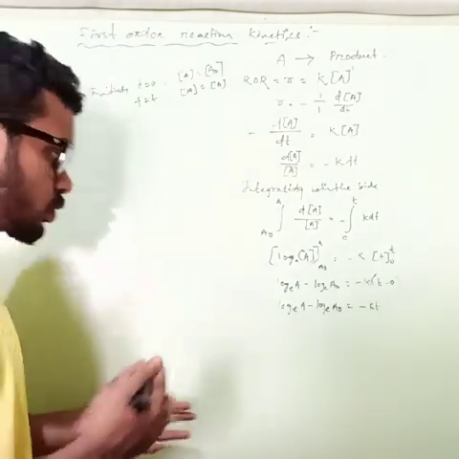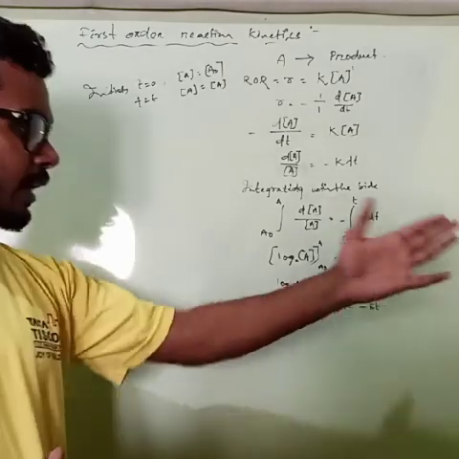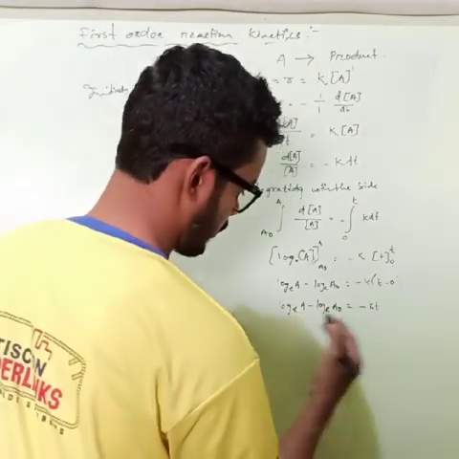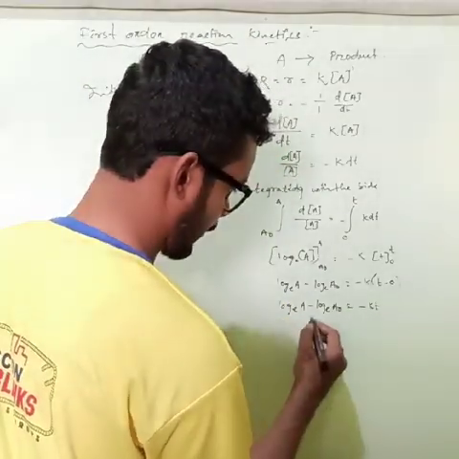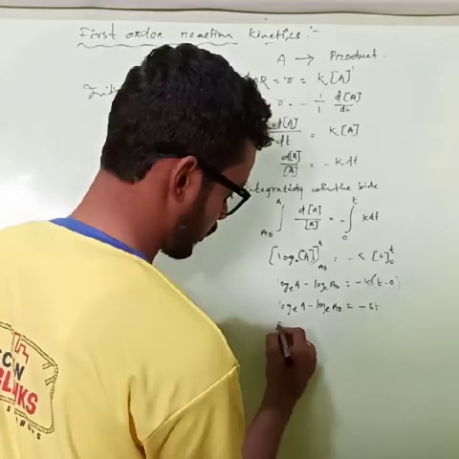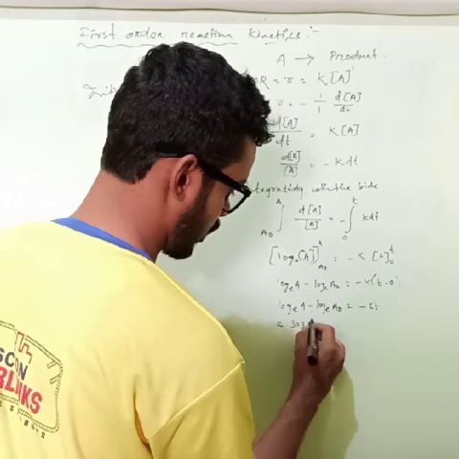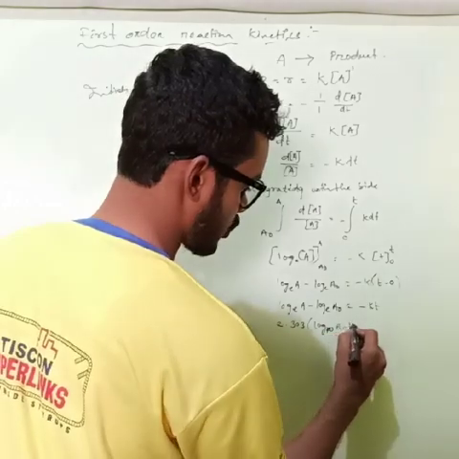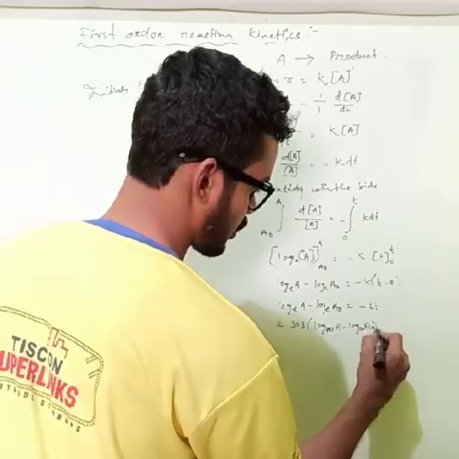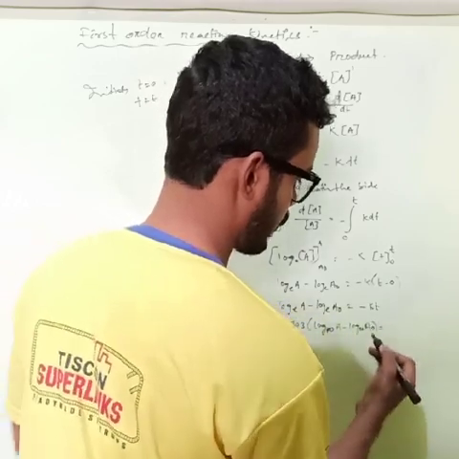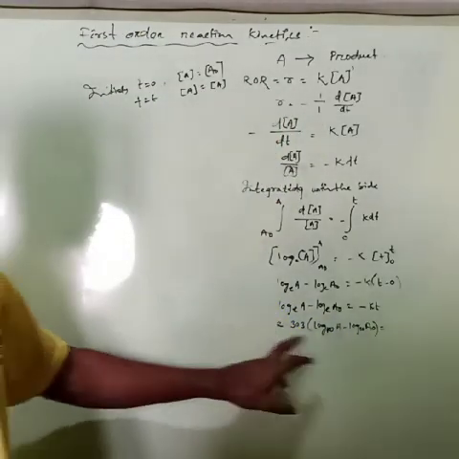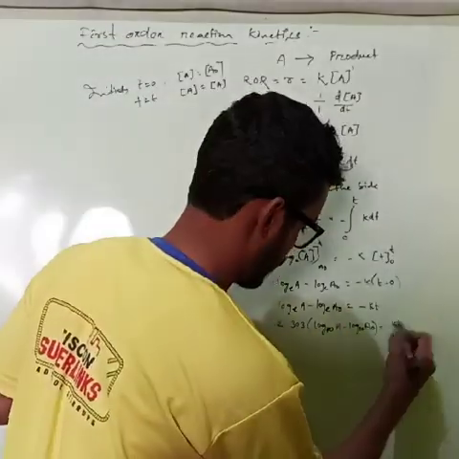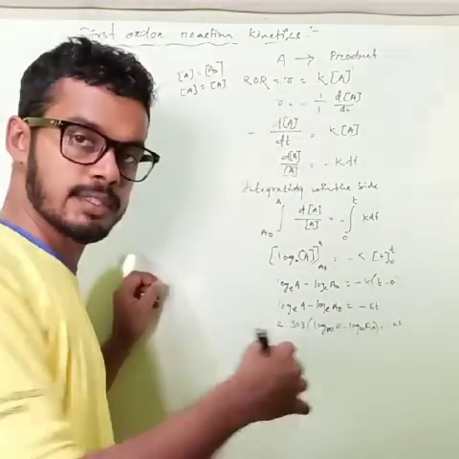So we multiply by 2.303: 2.303 log base 10 A minus log base 10 A naught equals minus K t, on both the sides.